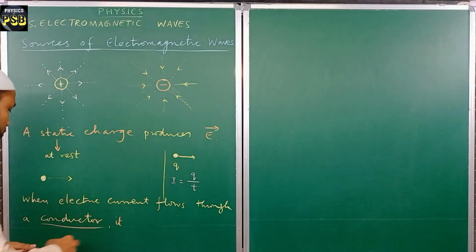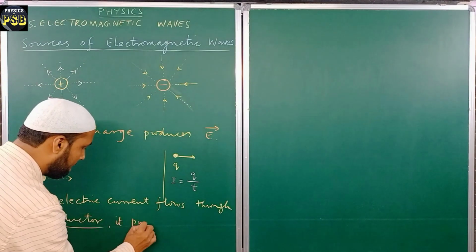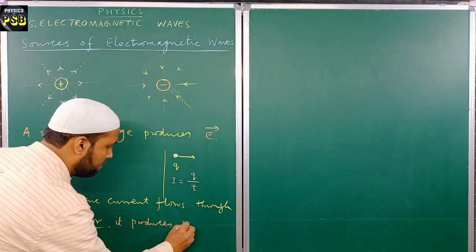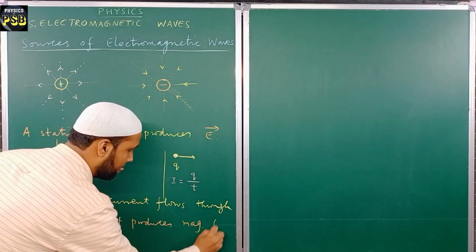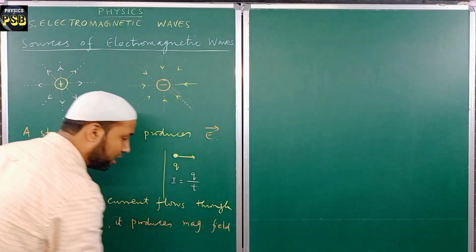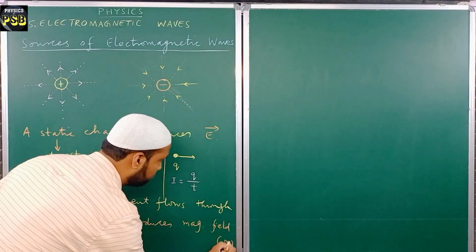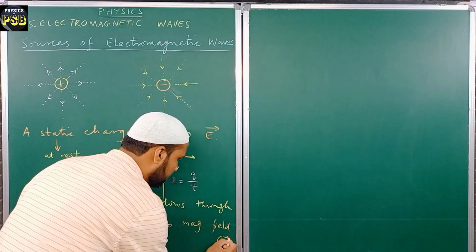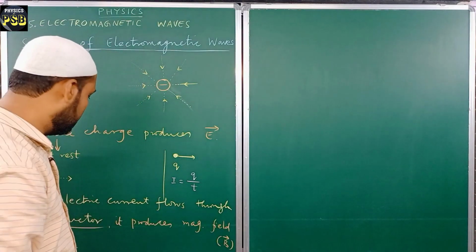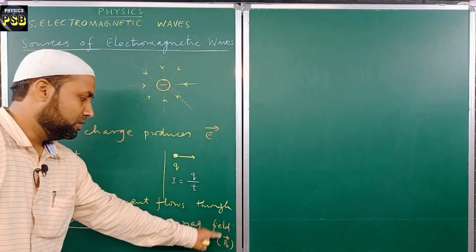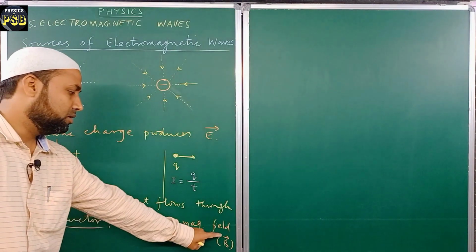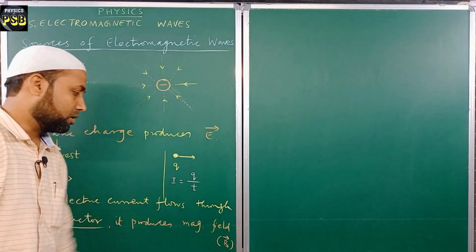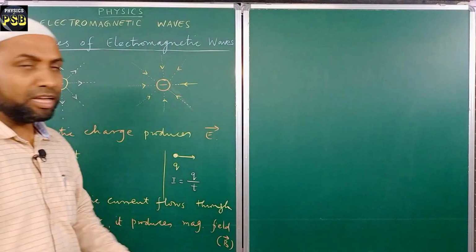When electric current flows through a conductor, it produces a magnetic field. Here the magnetic field is represented by the letter B. Electric field is represented by the letter E, and magnetic field by the letter B. It has direction, as represented by the arrow mark on its head, which shows that it is a vector quantity.